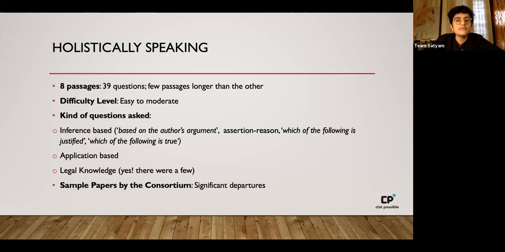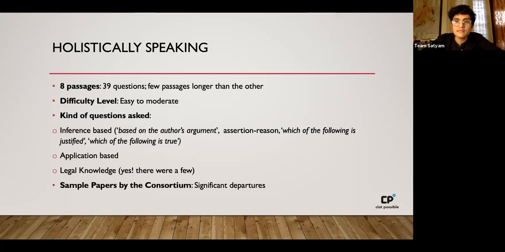All right, now the sample papers by the consortium. The sample papers 1, 2, and 3 that were sent out by the consortium. The current paper that came, the 2020 CLAT paper, or at least the legal reasoning section of this paper, was quite different from what was presented. What was it different on?